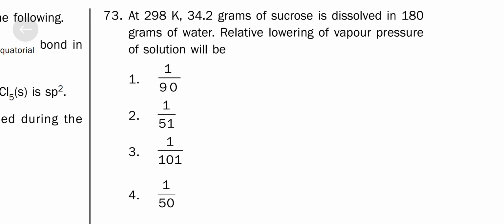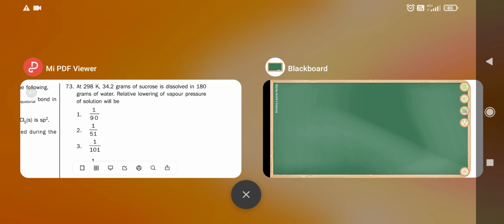At 298 Kelvin, 34.2 grams of sucrose is dissolved in 180 grams of water. The relative lowering of vapor pressure of the solution will be? Remember, number of moles of sucrose is equal to 34.2 by 342, the molecular mass, so it is 0.1.